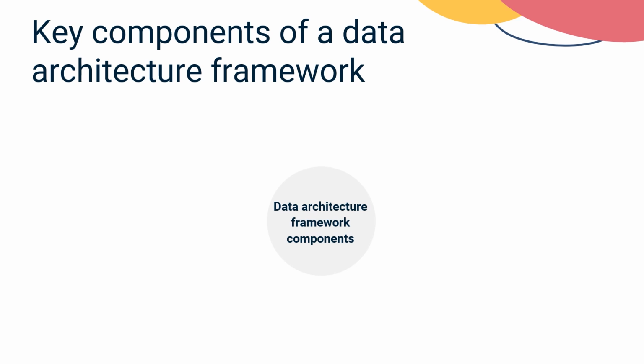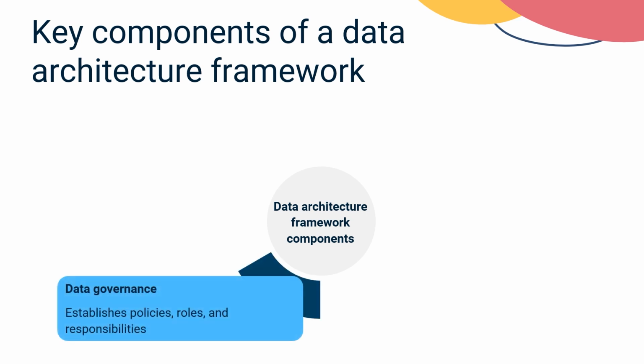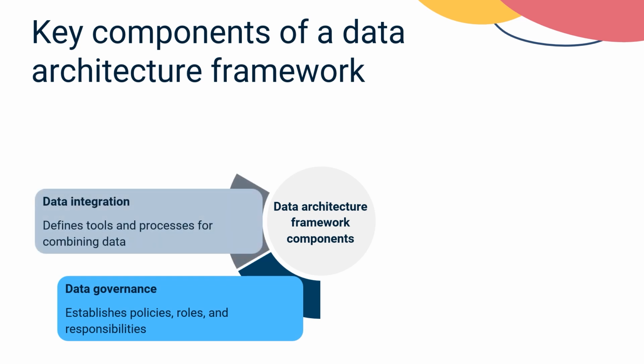Before concluding, let's look at the key components of a data architecture framework that help ensure effective management and use of data. The first component, data governance, establishes the policies, roles, and responsibilities for managing data assets effectively, which helps ensure compliance with regulations and organizational standards. Data integration defines tools and processes for combining data from multiple sources into unified views.